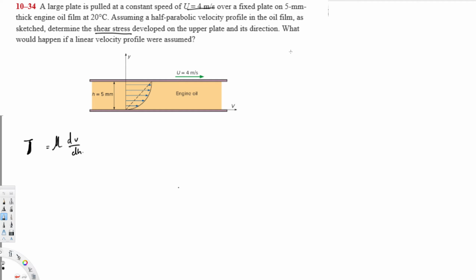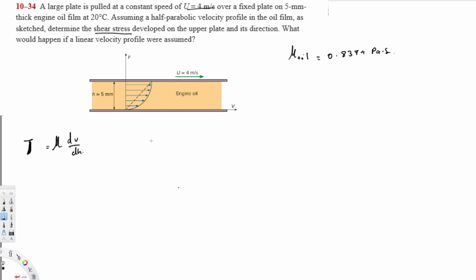The viscosity for oil you have to look up in a table, that is 0.8374 pascal seconds. We can apply that right here. We have the height, that is 5 millimeters, but we have to find the velocity in parabolic.